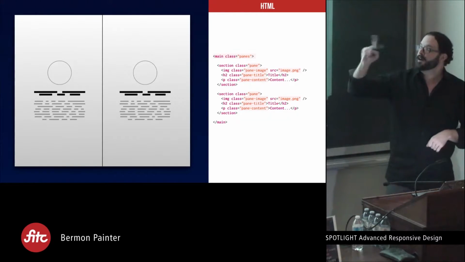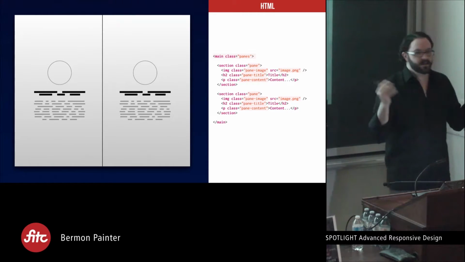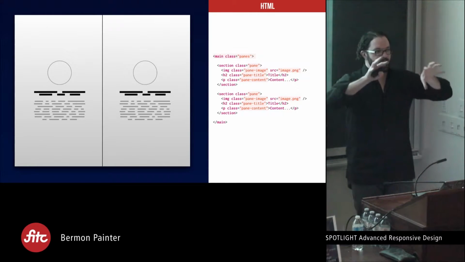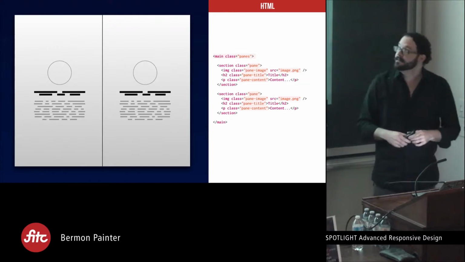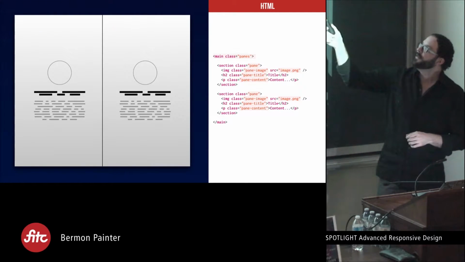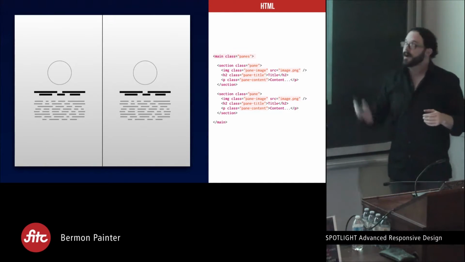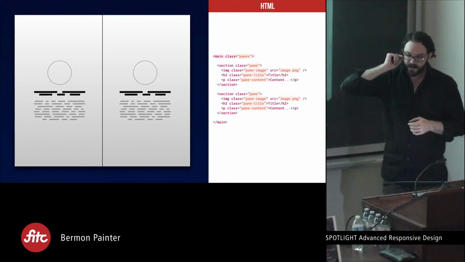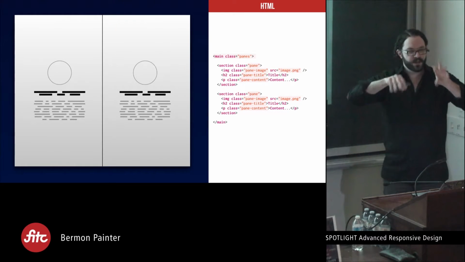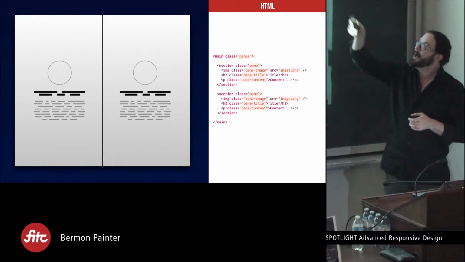So the HTML that I would write for this would be something like this. I'm using the plural singular naming convention. So I have panes, and then I have a pane. Inside each pane, I have an image, a title, and some content, and that's just the same for both of the panes, right?